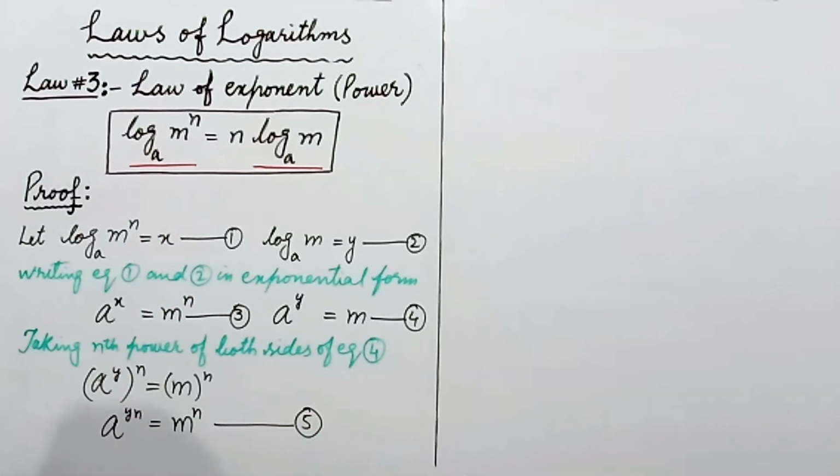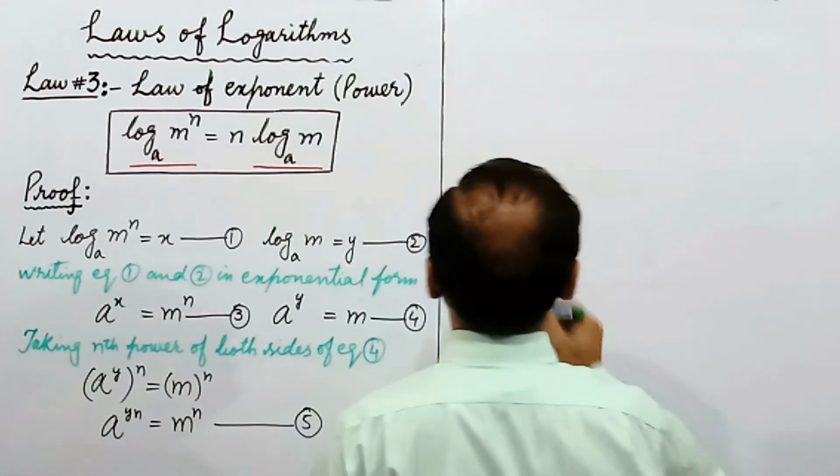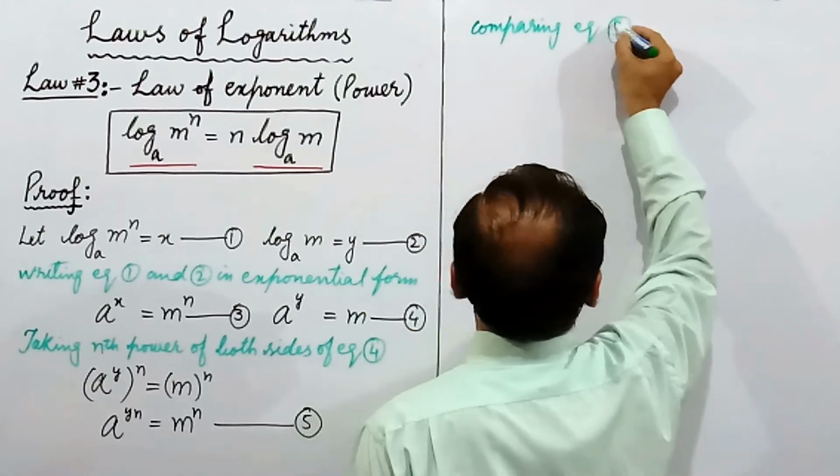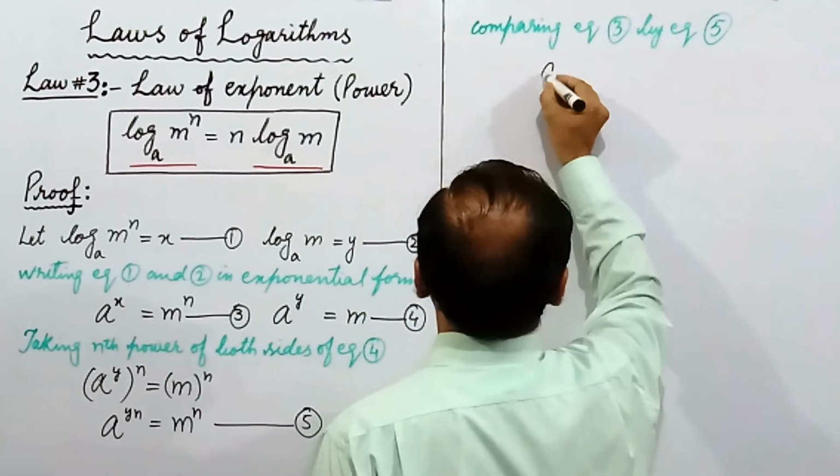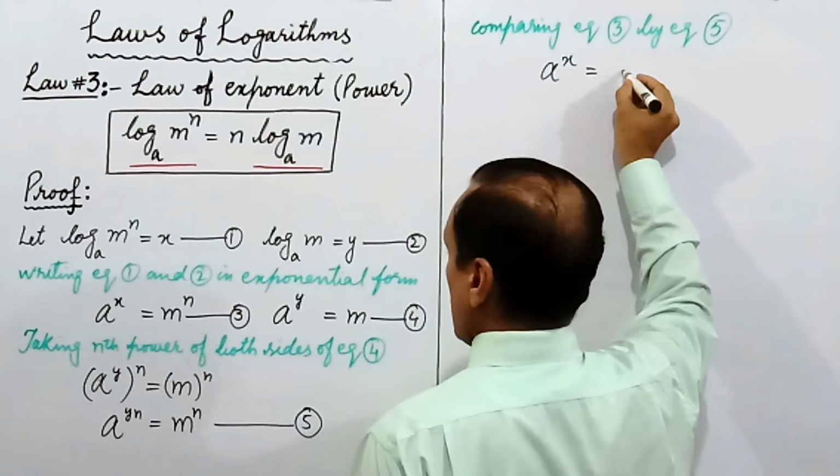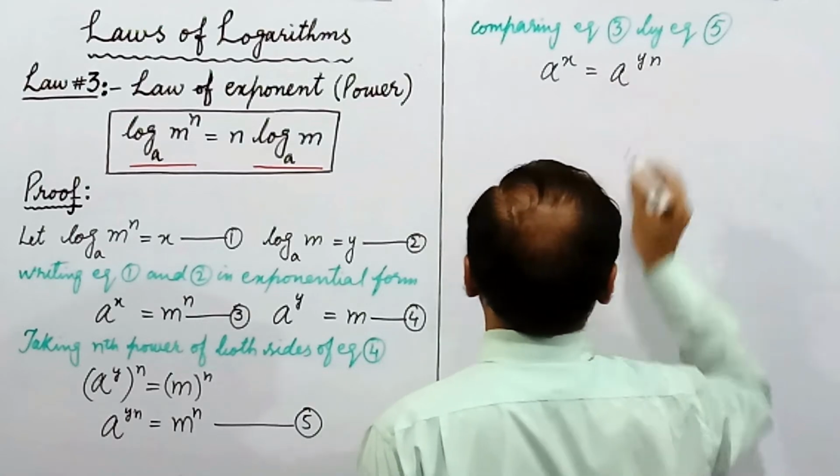Now we observe that the right hand side of equation number 5 and 3 is the same, so we can compare it. Comparing equation 3 and 5, we get a raised to power x is equal to a raised to power yn.